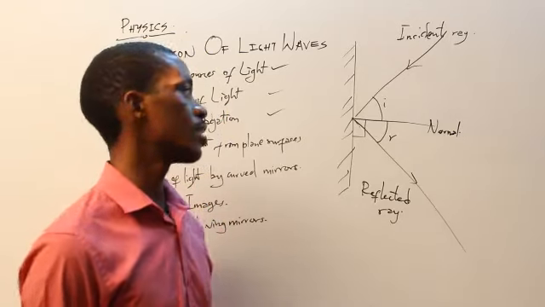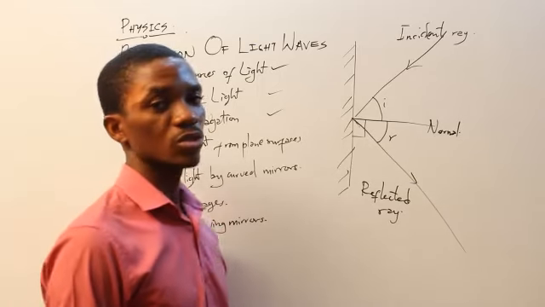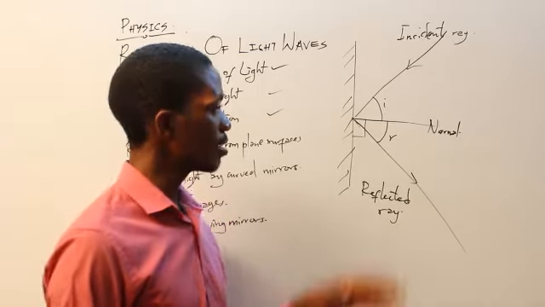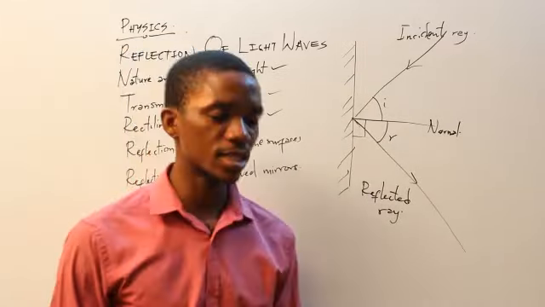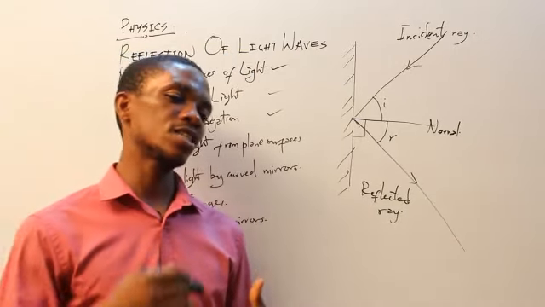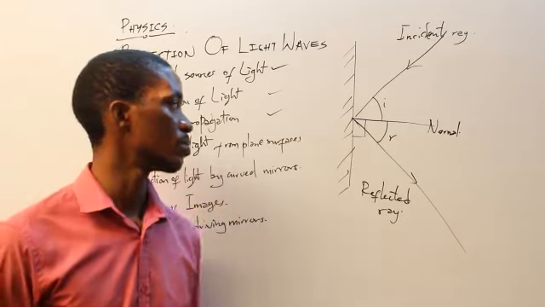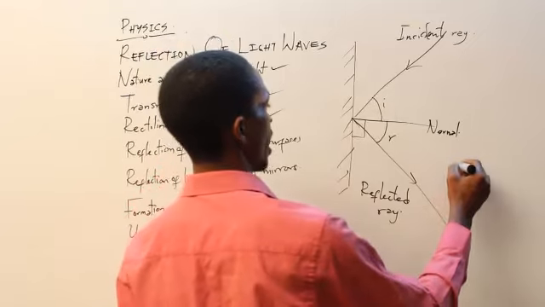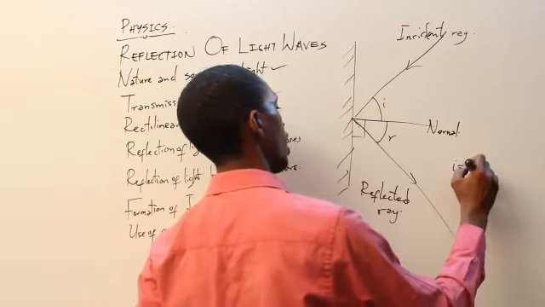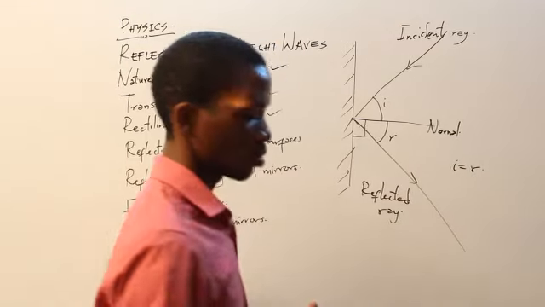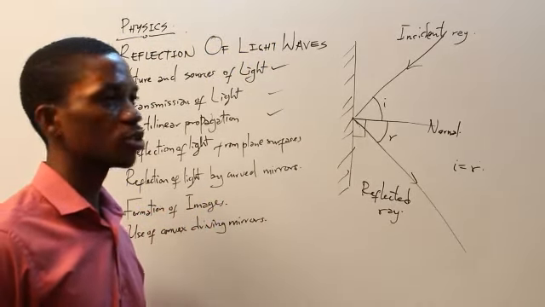That's the first thing the law of reflection talks about: that there is a normal in between the incident and the reflected ray. The second thing it states is that the angle of incidence, I, equals the angle of reflection, R. So this finds a lot of use when we're doing most of our calculations.